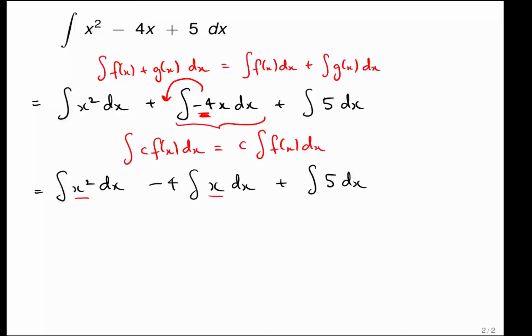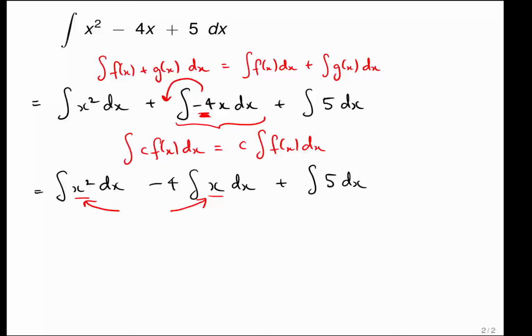Now, to integrate power functions, we use a rule that's not too dissimilar to the power rule for differentiation. Recall that the derivative of a power function involved bringing down the power and then subtracting 1 from it.